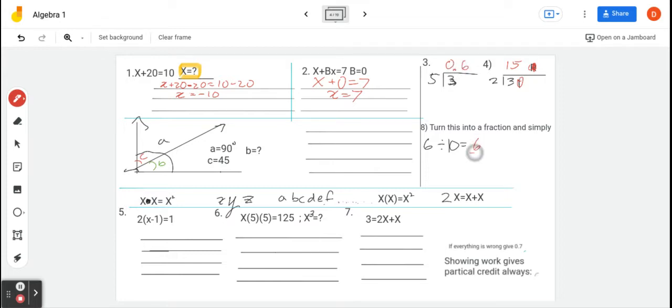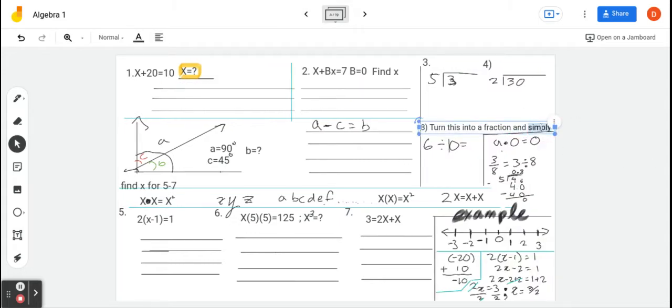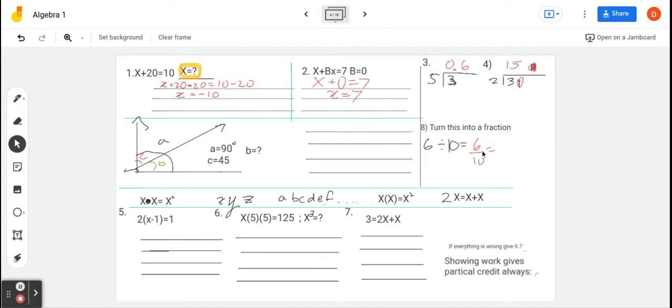That's 6 divided by 10, which is 3 divided by 5. But you know what? I don't think we learned how to simplify yet here, did we? So we can't actually give him this portion here. So get rid of that simplified version and just say that to get a fraction. That's all they need to do. Because over here we haven't actually explained it to him.